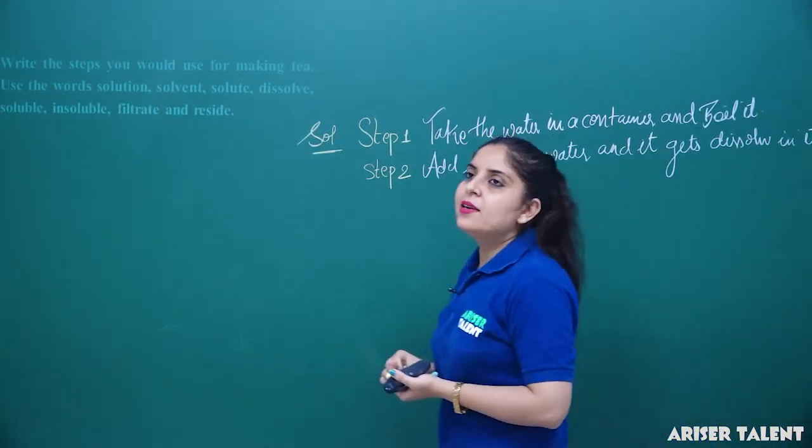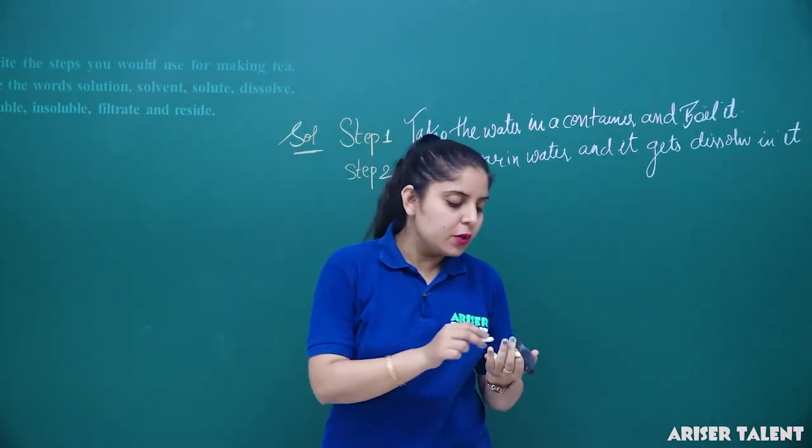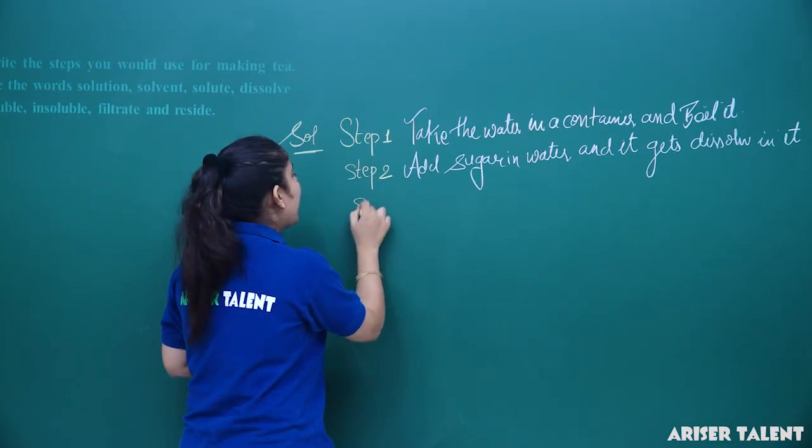Now, in the third step, add some tea leaves in that sugar solution. So, in step number 3, what we will do? We will add tea leaves here.